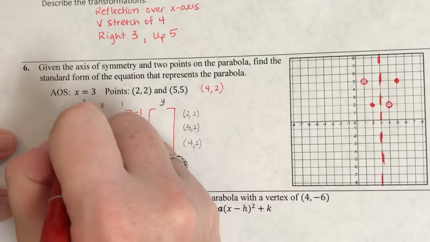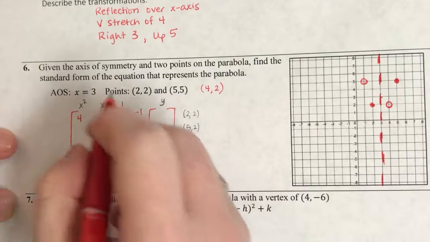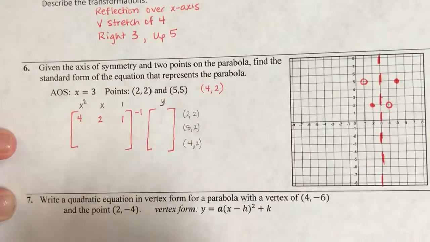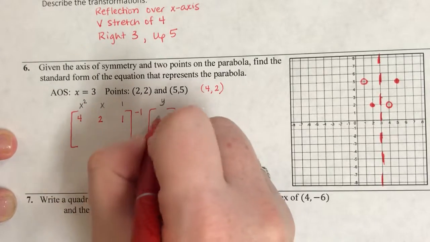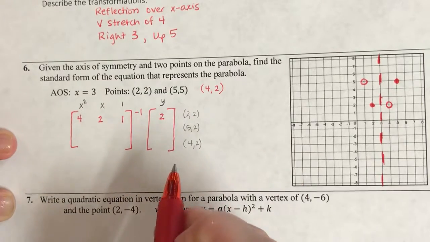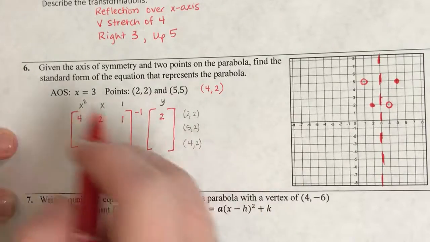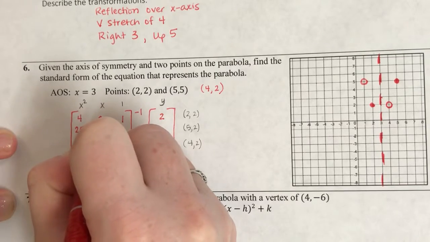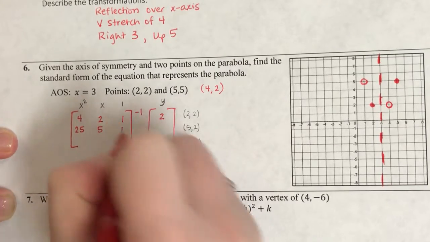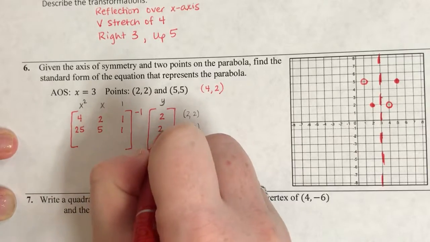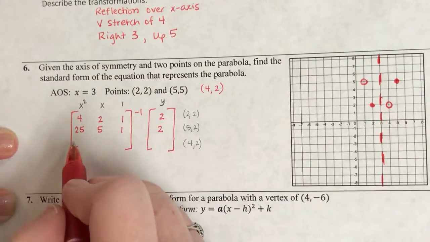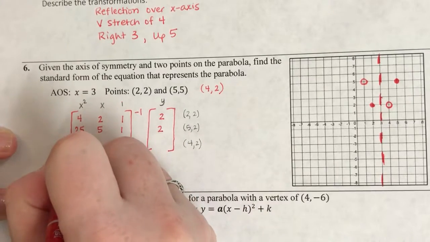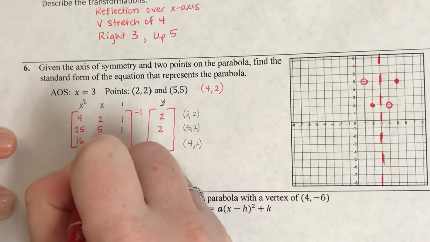So 2 squared is 4. X is 2. This guy's 1. And my y value is 2. For the second point, my x value is 5, so x squared is 25. X is 5, 1, and the y value is 2. For the third row, my x is 4, so x squared is 16.